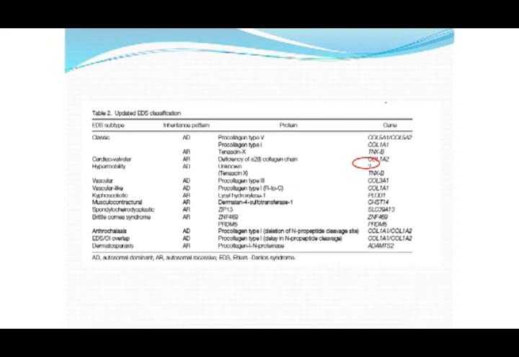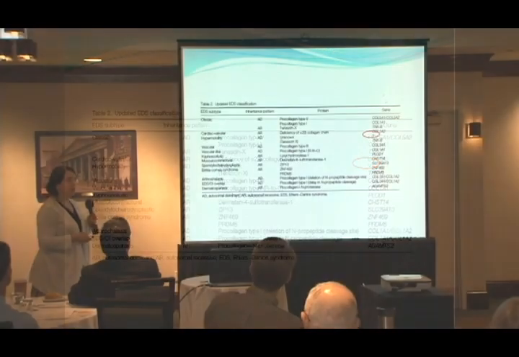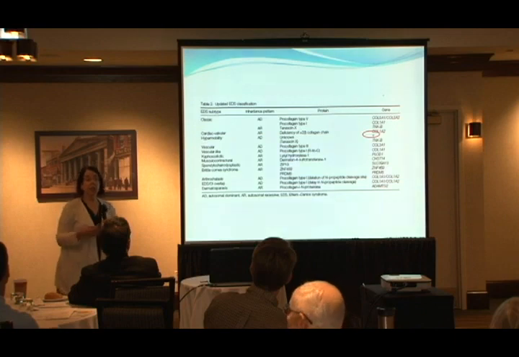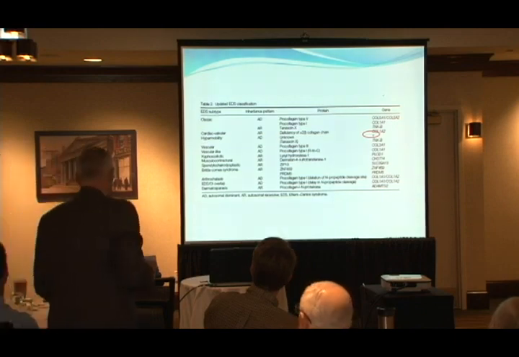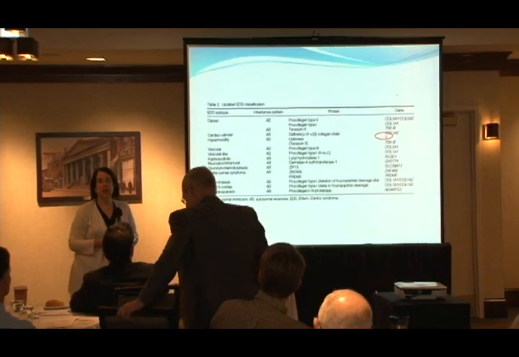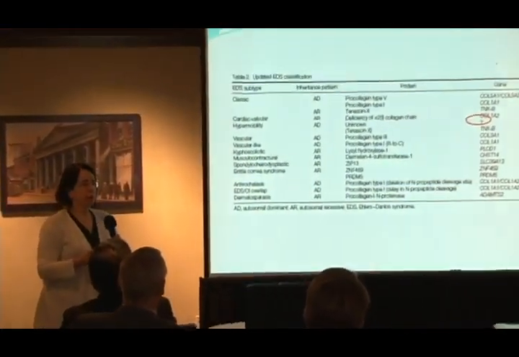There are some additional recently described subtypes of Ehlers-Danlos syndrome, including this musculocontractural type, which is an autosomal recessive form caused by the CHST14 gene. And all of these that are down here in this list are relatively rare, but we will see them as those of us who are seeing lots and lots of patients with hypermobility encounter additional patients.